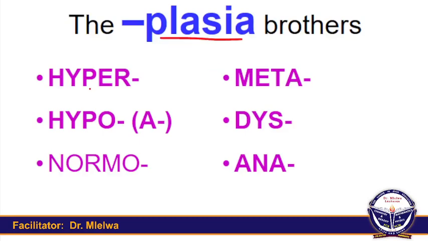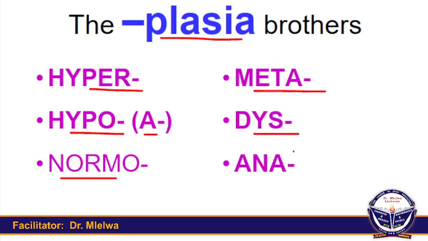So tukisema hyperplasia, plasia ni number, hyperplasia is increase in the number of the cell. Hypoplasia or aplasia, that is decrease in the number of the cell. Normal plasia, that is the usual number of the cell. Metaplasia, meta, change.